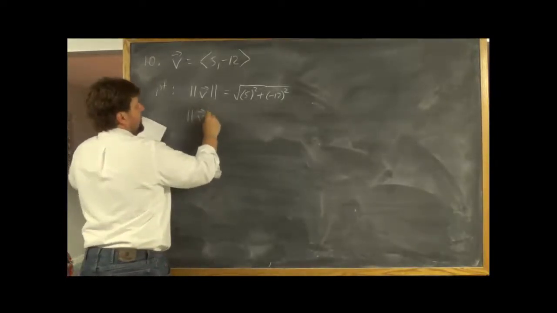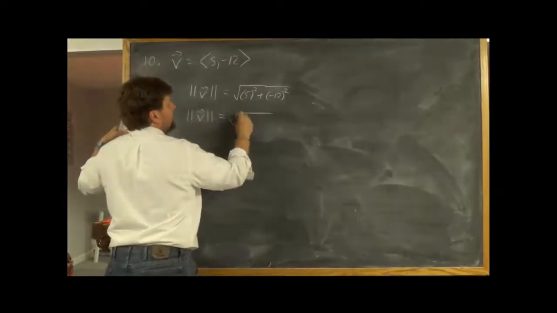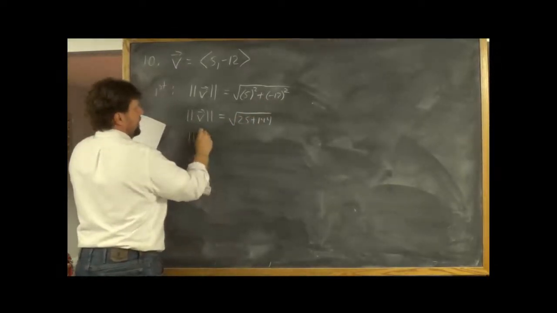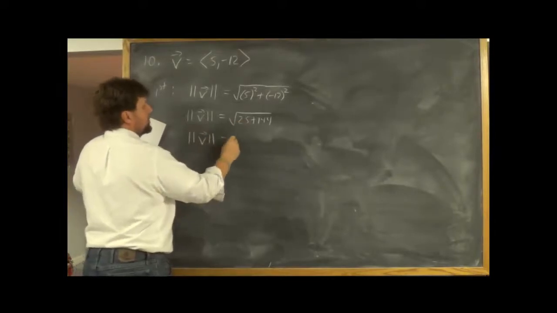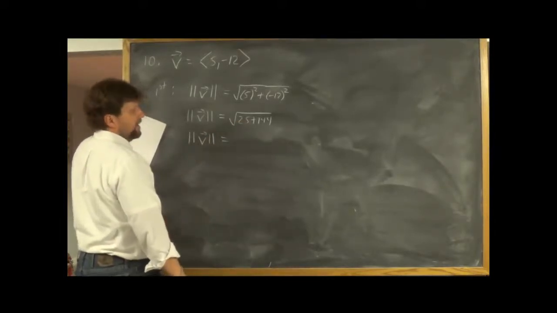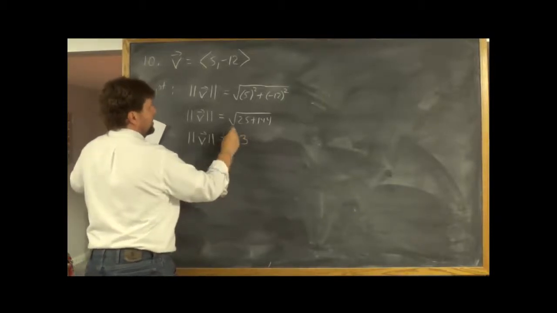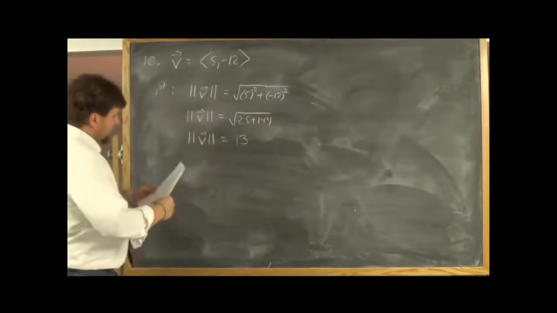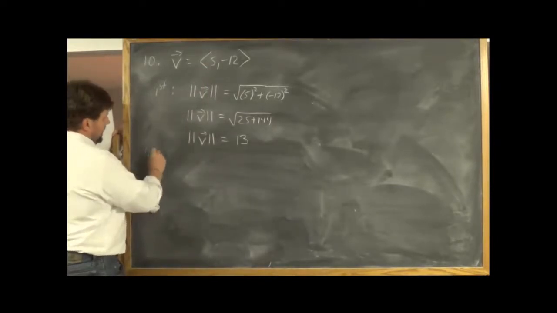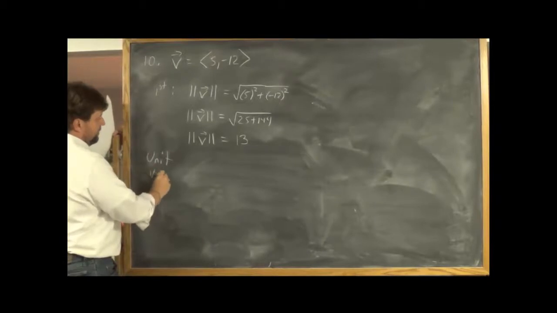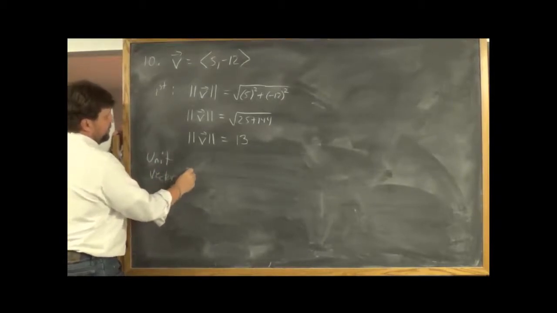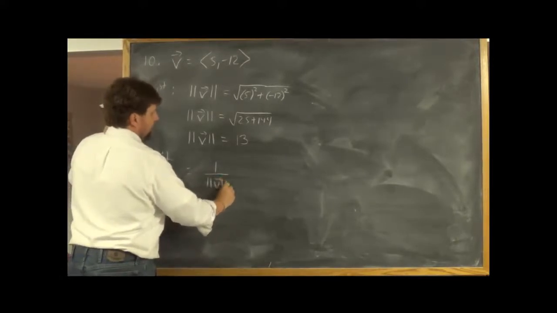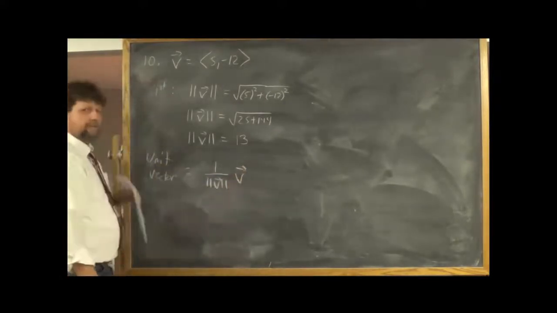So the magnitude of v is the square root of 25 plus 144, and 25 plus 144 is the square root of 169. The square root of 169 is 13. So the magnitude of this vector is 13. Then the next thing you do is remember that the unit vector has the form 1 over the magnitude of v times vector v.